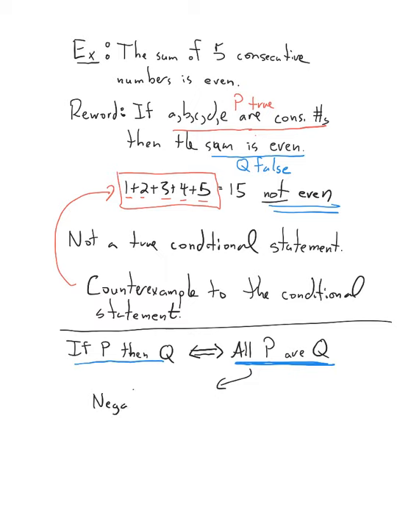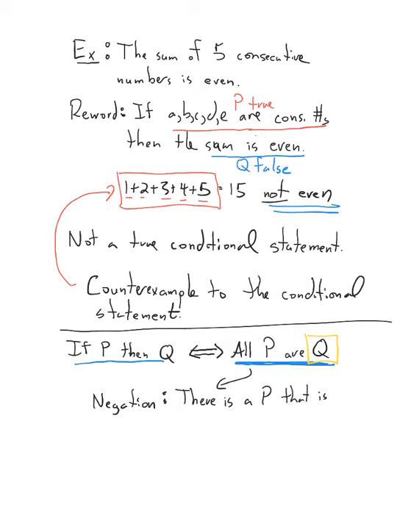Now remember, how do we negate an if-then statement? We change the quantifier, so it becomes there exists or there is a P that is, and we negate the property here.